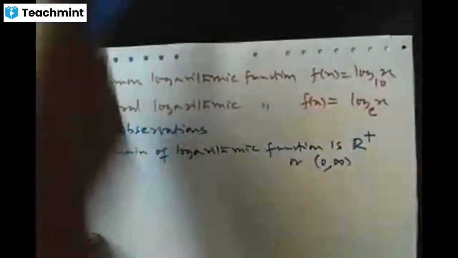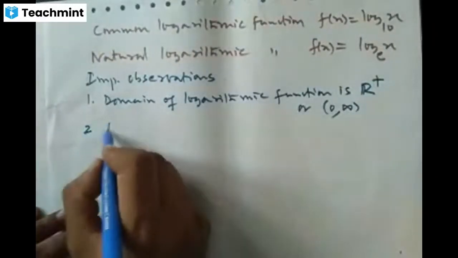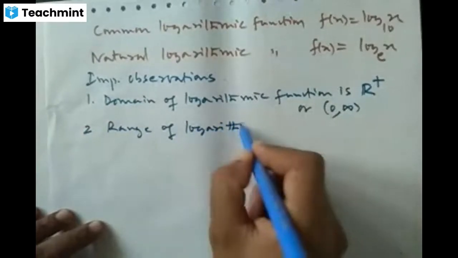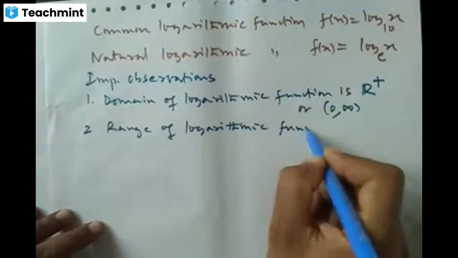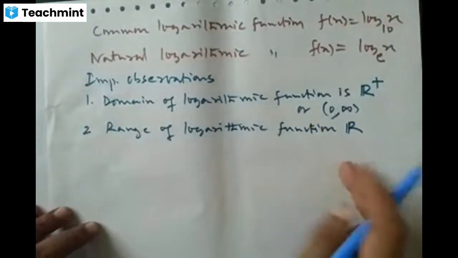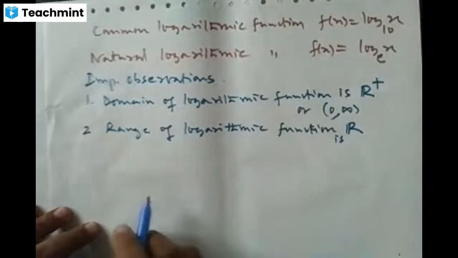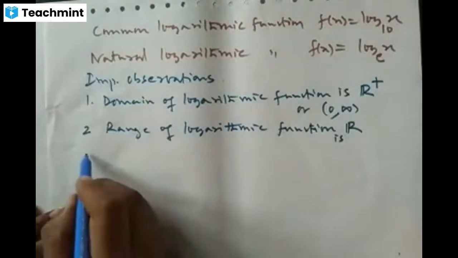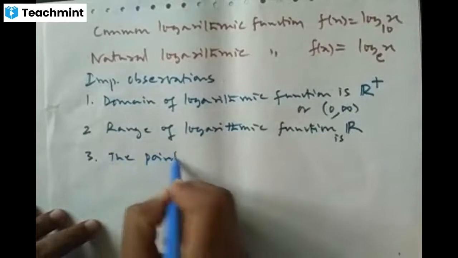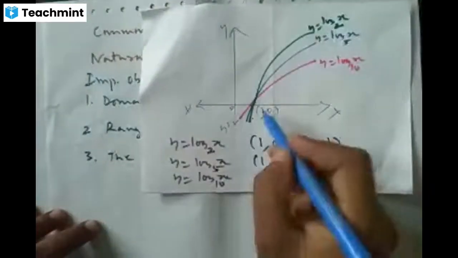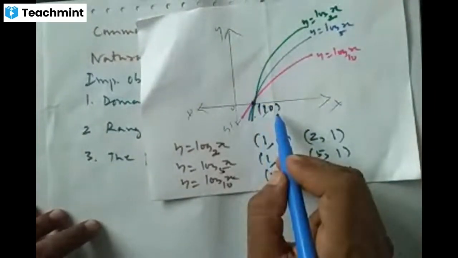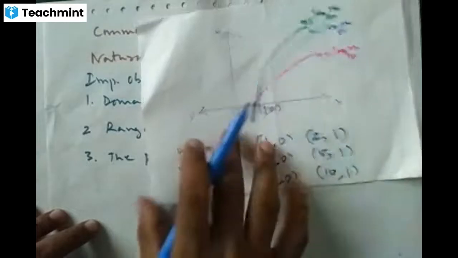Next, observation number 2, the range of the logarithmic function. The range of the logarithmic function is the set of all real numbers R. Observation number 3, you just observe this point here. The point 1 comma 0 lies on the graph of the log function, right?